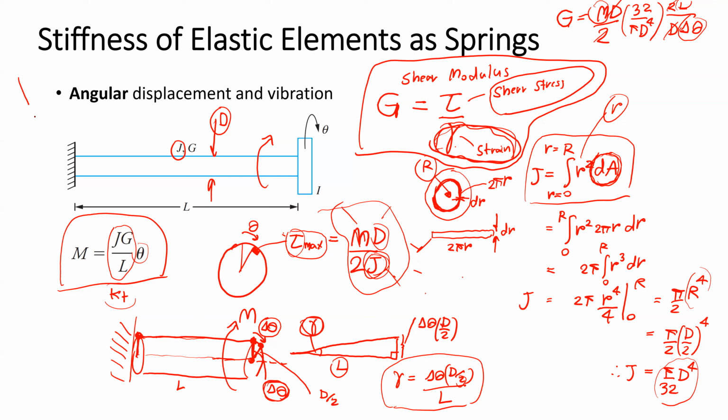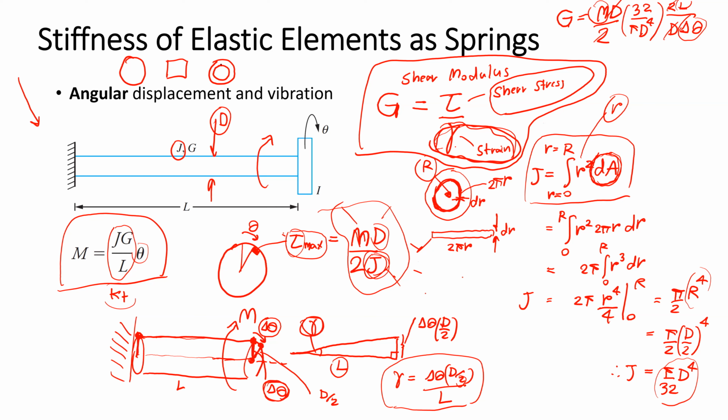In this case, it's simpler than what we are going to do. Maybe in this case, the rod doesn't need to have a circular cross section. It may be a square, or it can be a circular cross section with a hollow inside.